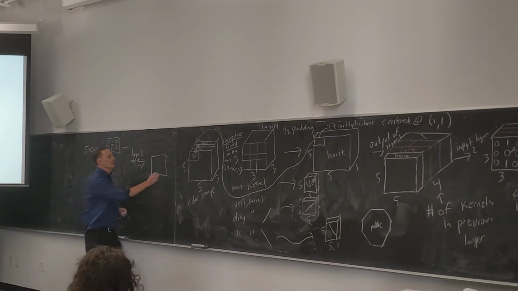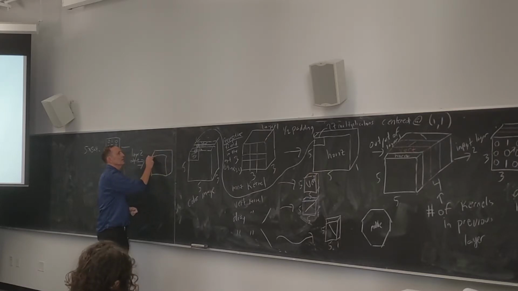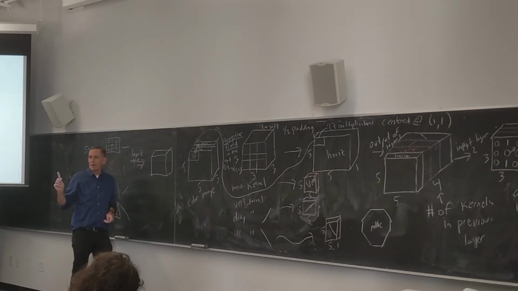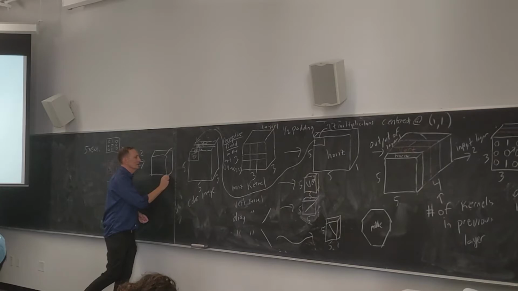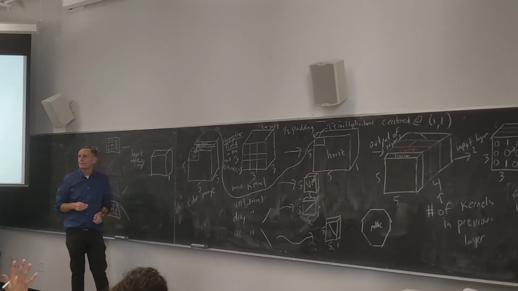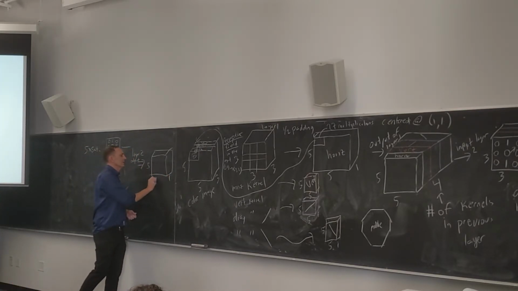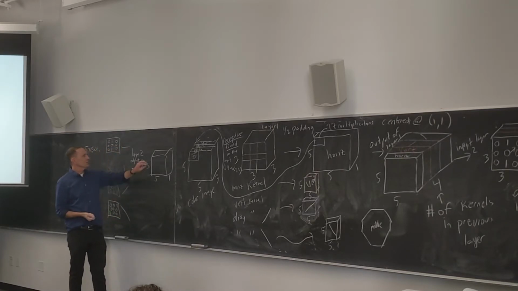So what's the depth? It's 1 because we have one kernel coming out, right? One kernel in the previous layer. So that's 1. And the size is 5 by 5. And then this would tend to have larger numbers where there are octagons, or these octagon-ish things.